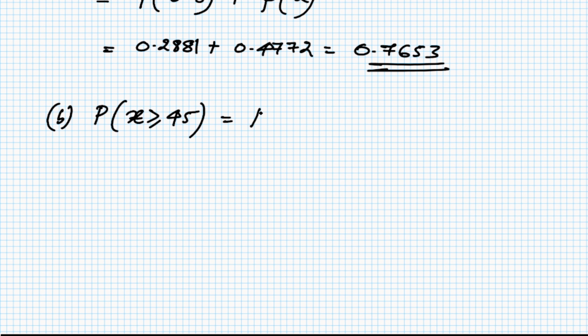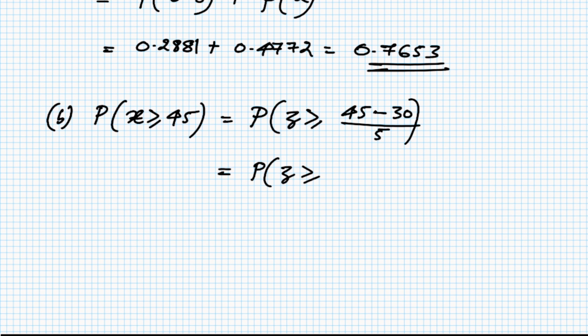So the probability that z is greater than or equal to 45 minus the mean value 30 divided by 5. That means I'm supposed to calculate the probability that z is greater than or equal to 15 by 5, which is 3. Once again, go back to the table, find 3, and calculate the z value greater than 3.